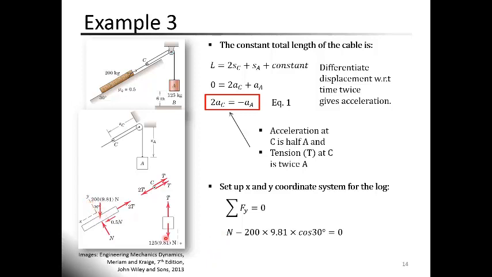It will be going down, so in this case it's negative, and it is the weight multiplied by cosine 30. So the weight here is 200 multiplied by 9.81 multiplied by cosine 30, and this is equal to 0. Based on this equation, we can find the reaction or the normal force, capital N.